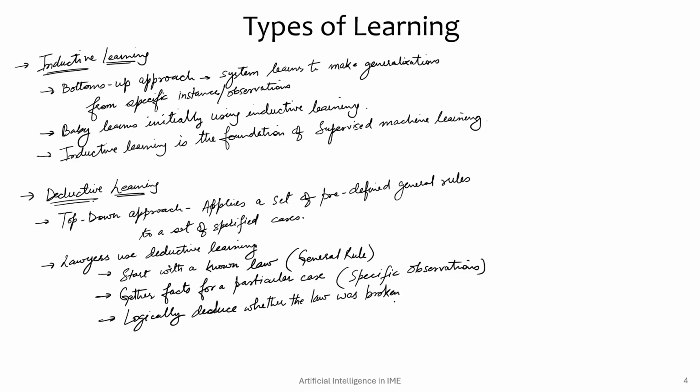Okay, so these deductive learning systems are the basis of expert systems. We have already learned some of the expert systems in this course, right? So these are the foundations of learning.